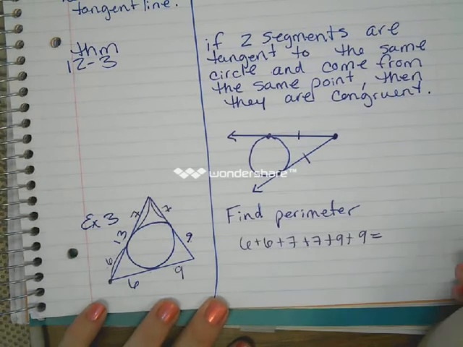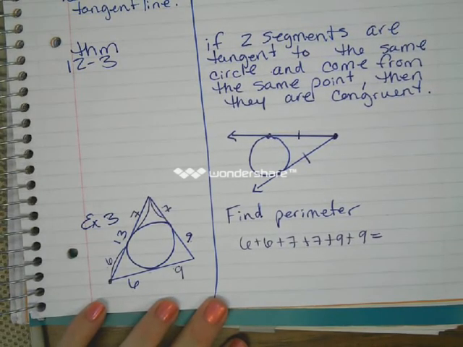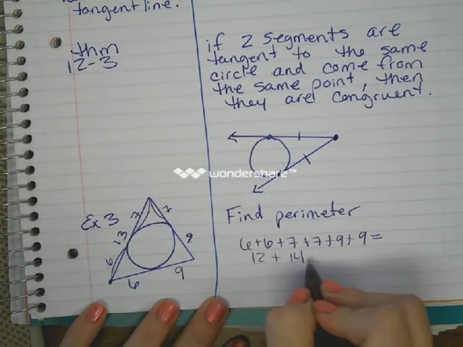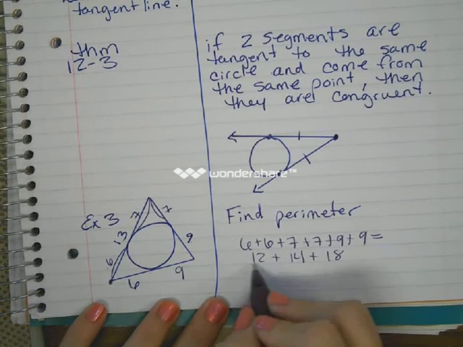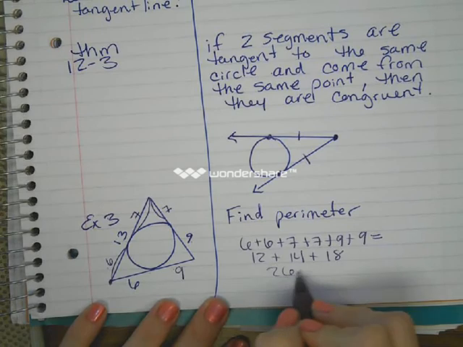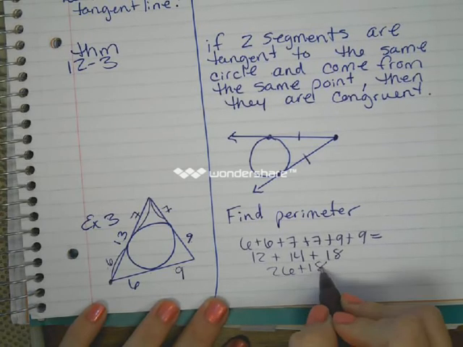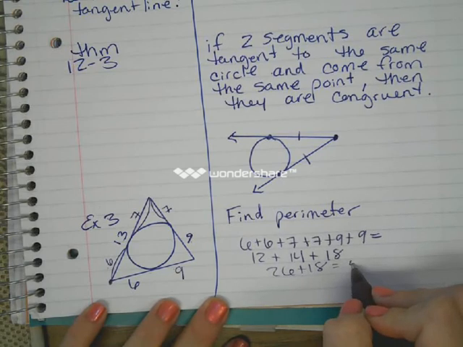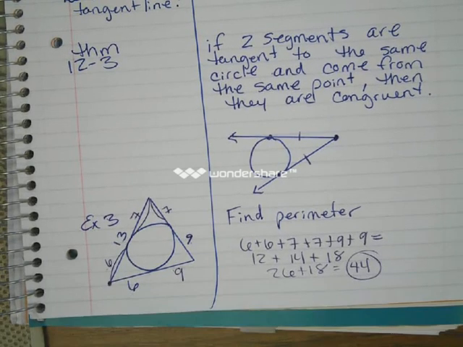Apparently I didn't write this answer down last year, so that's 12, 14, 18, 26, 44. I don't know if I did that wrong, you can correct me in class, but I'm pretty sure I did that right. Okay, and that's it.